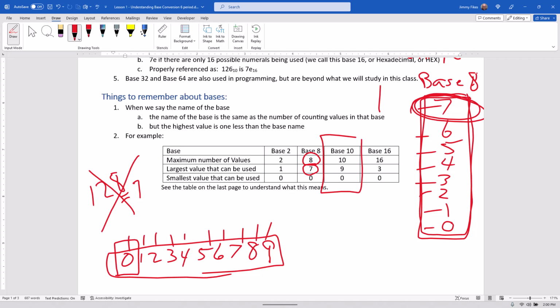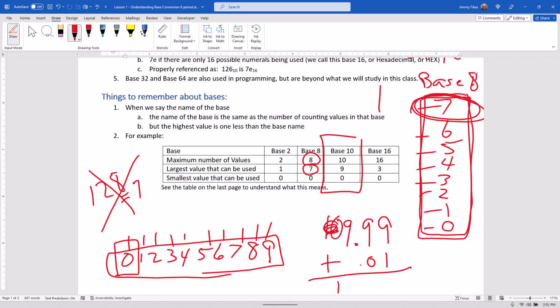In base 10, you can have a number like 10, but the largest counting number is the 9. So what do you see here? If I have a number like $9.99, and I add 1 penny to that, what would the result be?